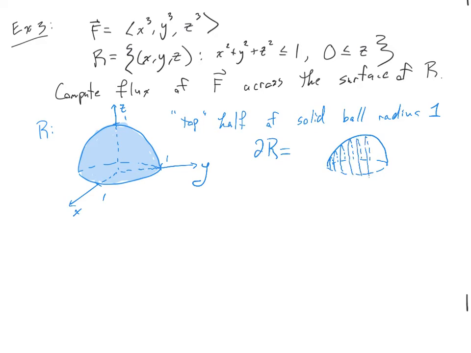So I'm giving it a skeleton. So it's just this half of the sphere. So it's the top half of the sphere, but it also has this bottom, which is a flat disk.